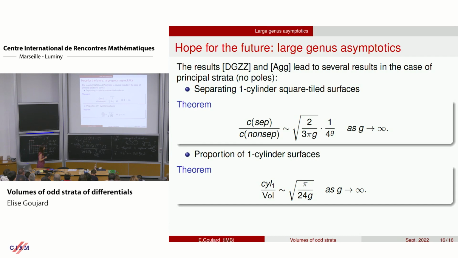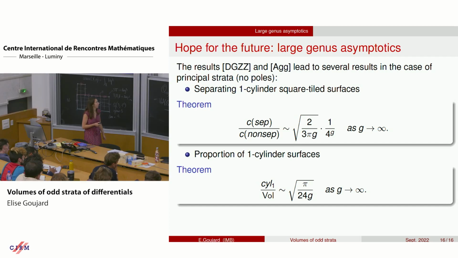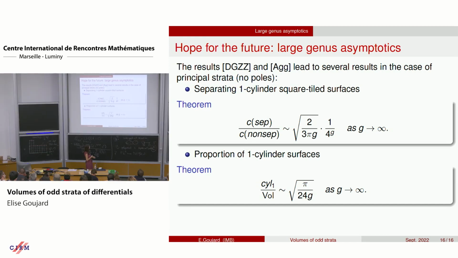And thanks to the work of Amol, we get that with high probability, you only see non-separating one-cylinder surfaces as the genus grows. You can also study the proportion of one-cylinder surfaces among all square-tiled surfaces and see that it goes as 1 over the square root of g.